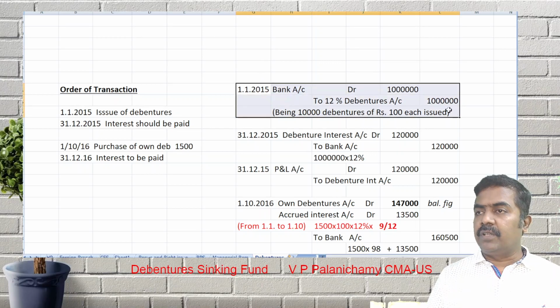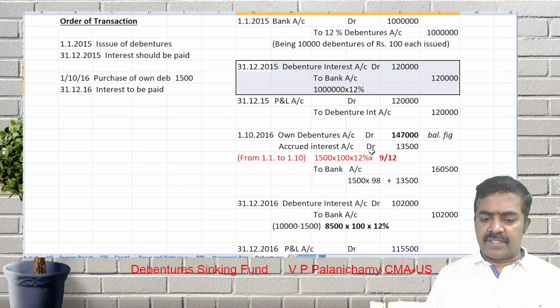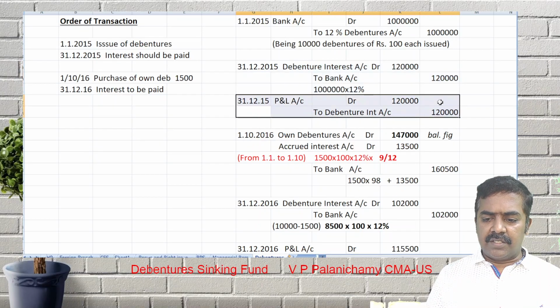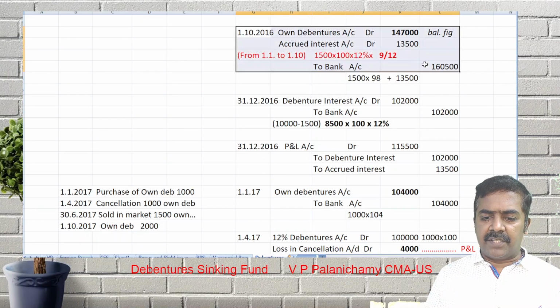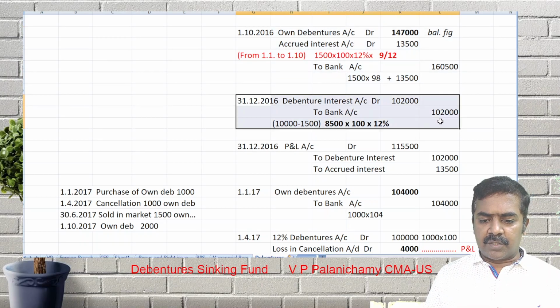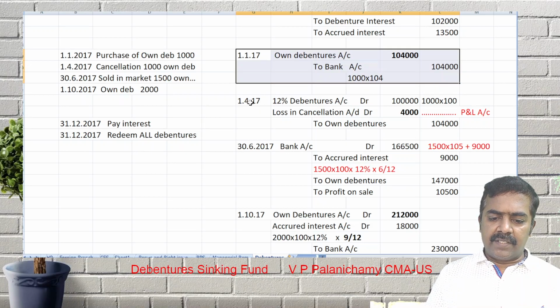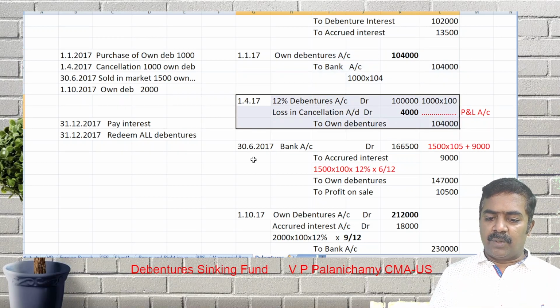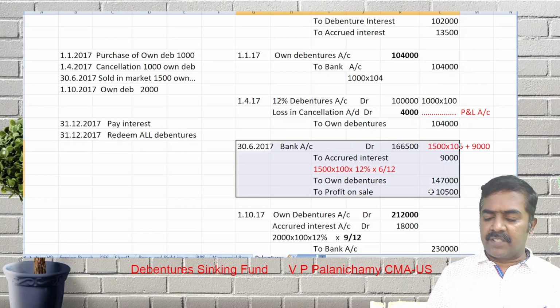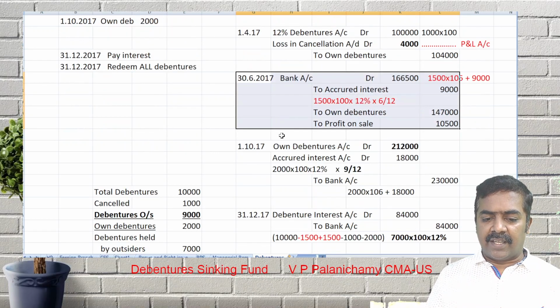First year we issued debenture, then we paid interest. That's all. First yearல the interest is charged to P&L account. Second year we purchased own debentures and interest was paid. Third year we again purchased own debentures, we sold own debentures, and own debentures are cancelled also.